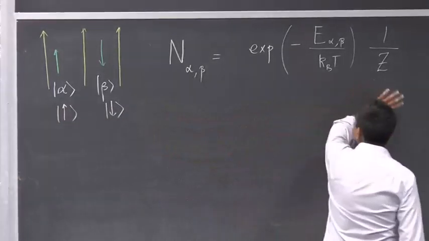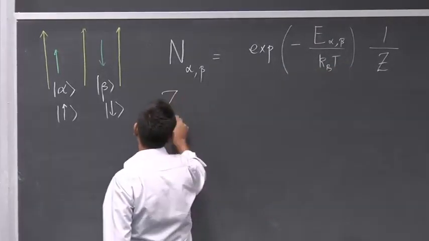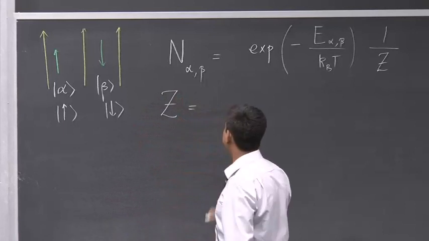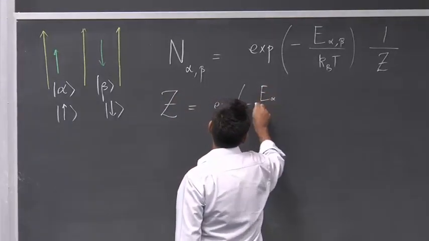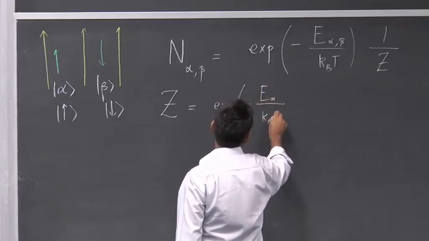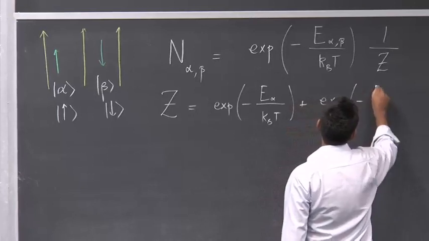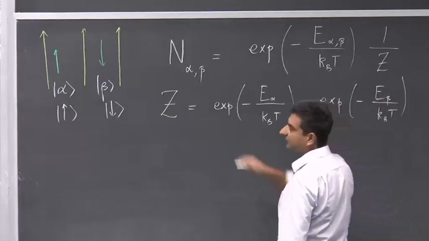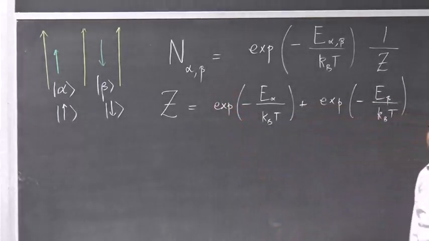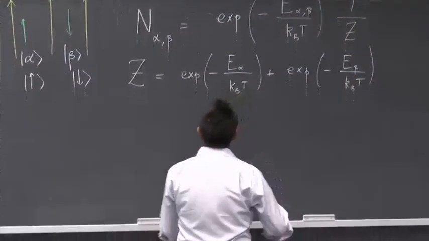First of all, let's find the partition function for this system. The partition function Z is given by exponent minus E alpha over kBT plus exponent minus E beta over kBT, right? This will normalize the fractions. This is the partition function for a spin half system placed inside a magnetic field. Now we know the values of E alpha and E beta.